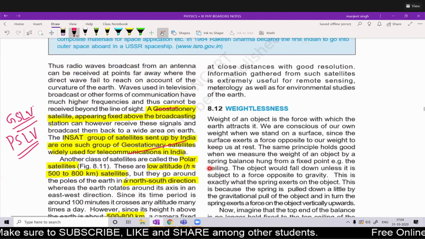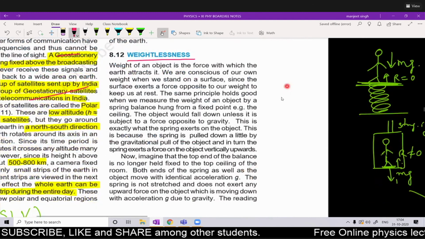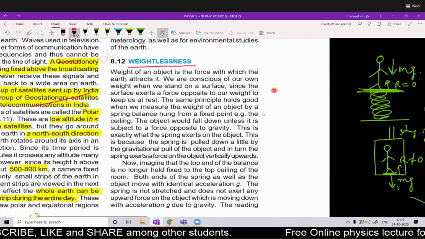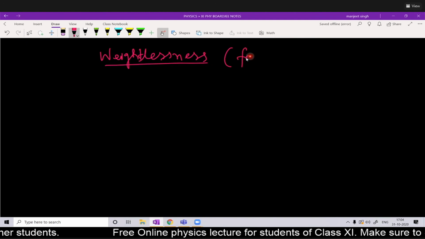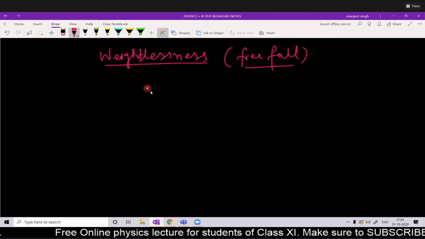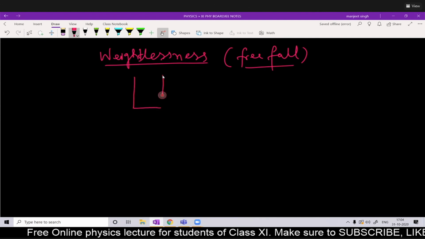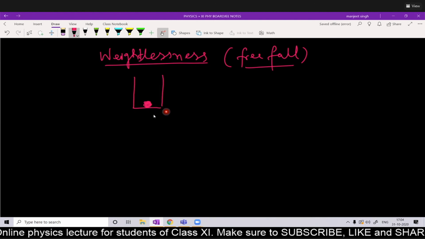Now, what is weightlessness? Weightlessness is nothing. This can be understood with the help of an example. Weightlessness means free fall. You are falling freely. Suppose you are in a lift and there is a spring balance.